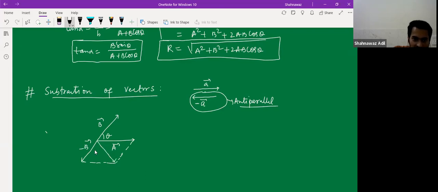So this R is A minus B. The resultant of this subtraction comes out to be this, and the direction is simply this.